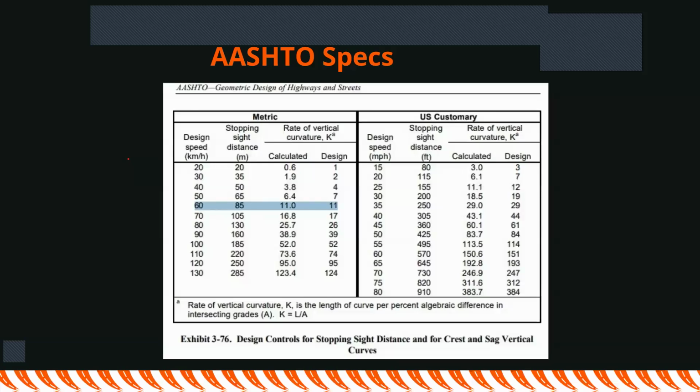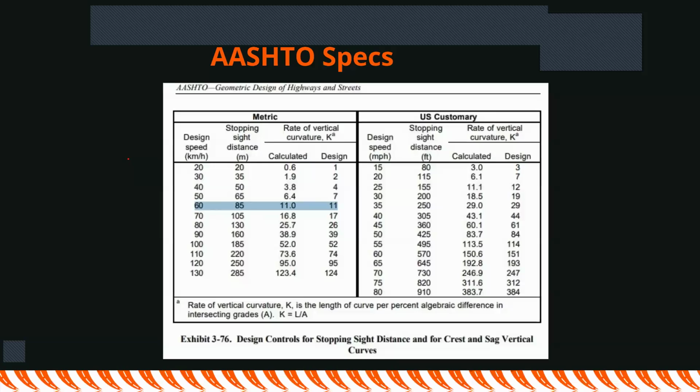We said it's a red Lamborghini driving up a crest curve, and your design stopping sight distance extends beyond the length of the curve. This means the length of the stopping sight distance is greater than the length of the curve.